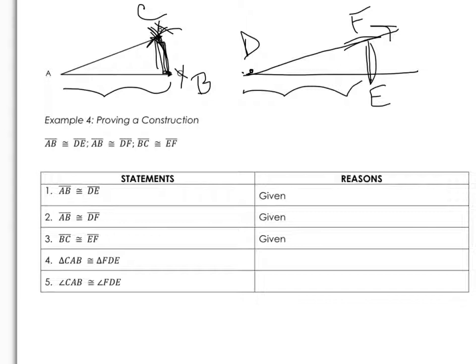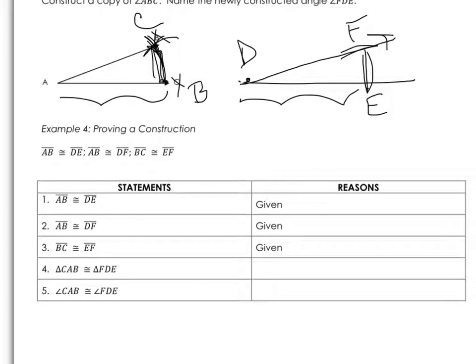We're using the fact that these sides are all equal to each other, because how do we know that? Well, we know that because we used the compass. Of course, this diagram doesn't look very accurate because I'm not using a compass right now, but if you use your compass, you should have two congruent triangles.